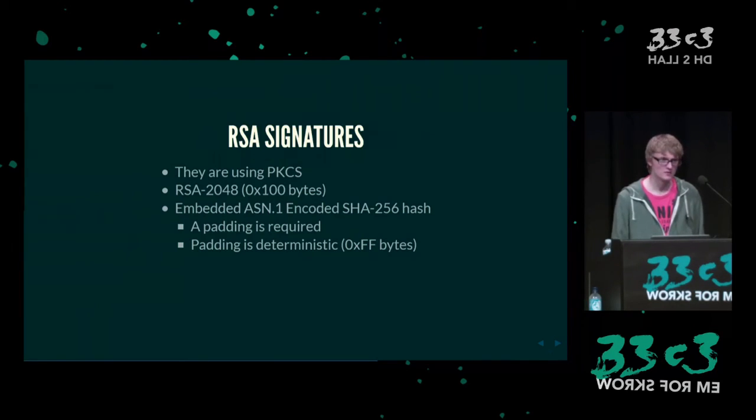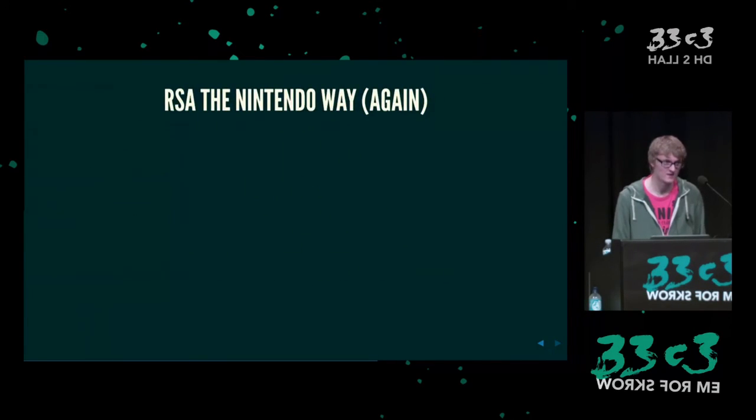When you compare the signatures of different firmware images, you will actually notice that only the hash changes. The rest of the data is always the same for all signatures. But, well, for some reason, they decided to write a signature parser for this stuff. So what you get now is RSA the Nintendo way again.